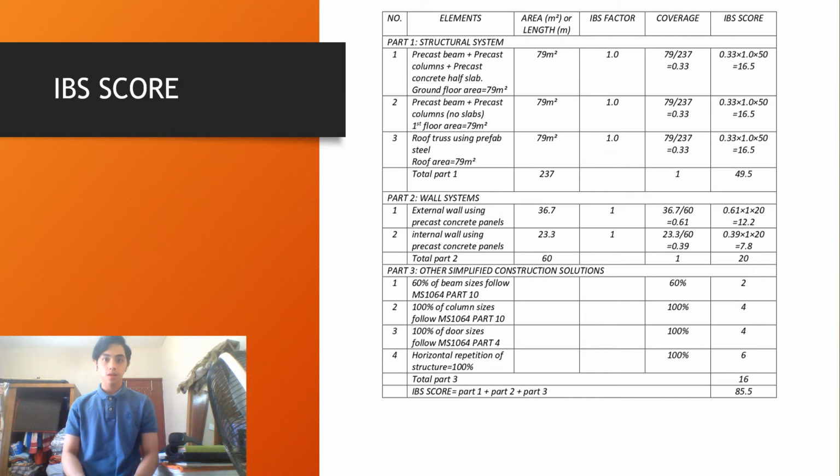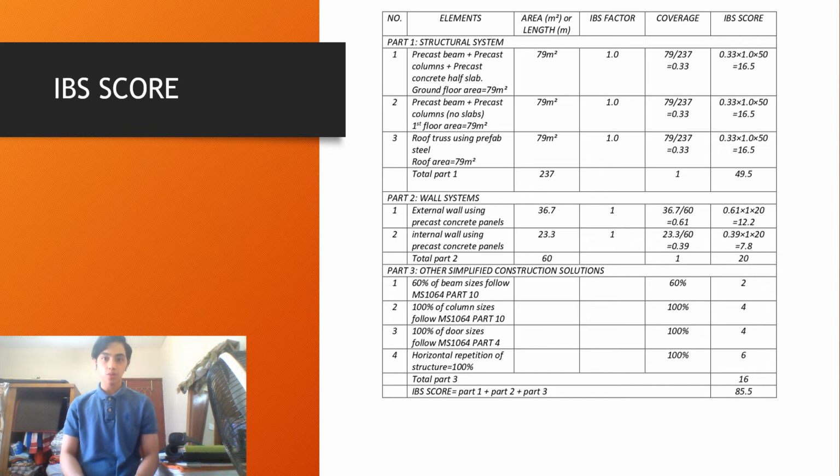For the coverage, we use the same solution as part 1, which is length divided by the total length. You'll get 0.61 for the external walls and 0.39 for the internal walls, and the total coverage for this second part is 1.